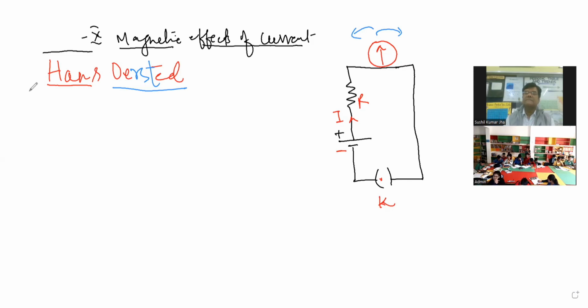So the very first core concept in this chapter is magnetic field.